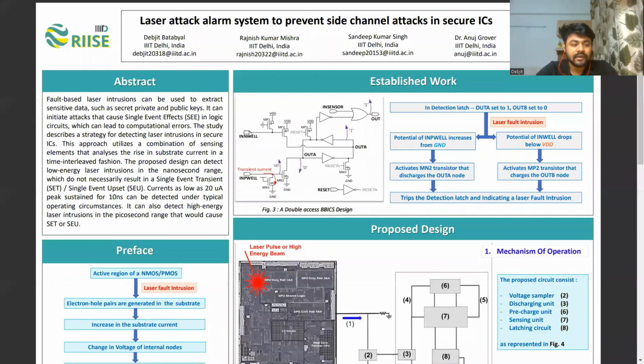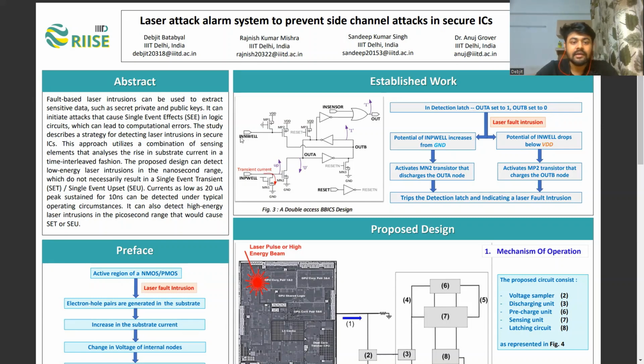In the established work, we can see a BBIC, or bulk built-in current sensor, illustrated in figure 3. It is used to detect the surge in current during the laser attack. Initially, the out A node of the detection latch is set to 1 and the out B node is set to 0. When a laser attack takes place, the potential at P rises, which turns on the MN2 transistor and discharges the out A node.